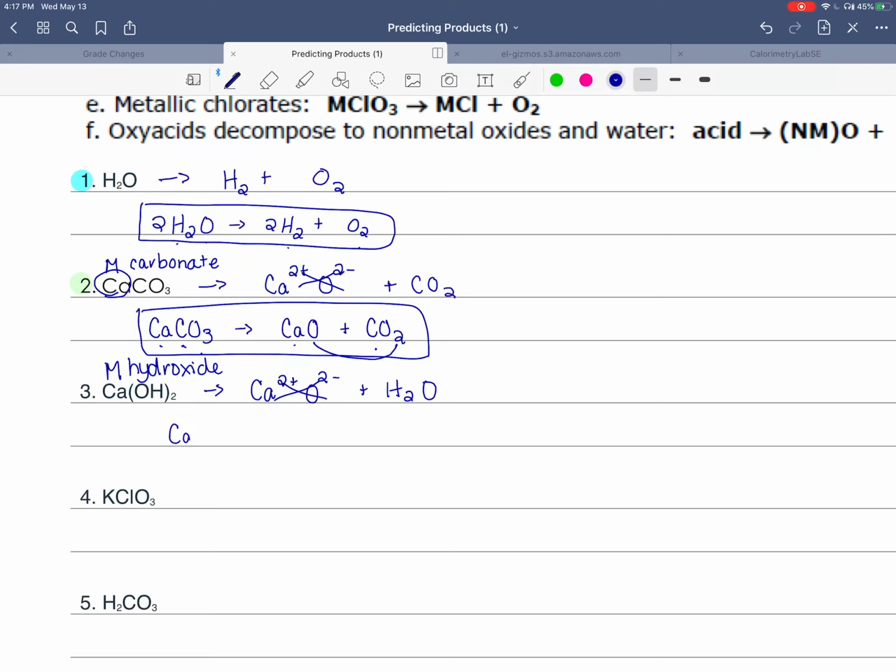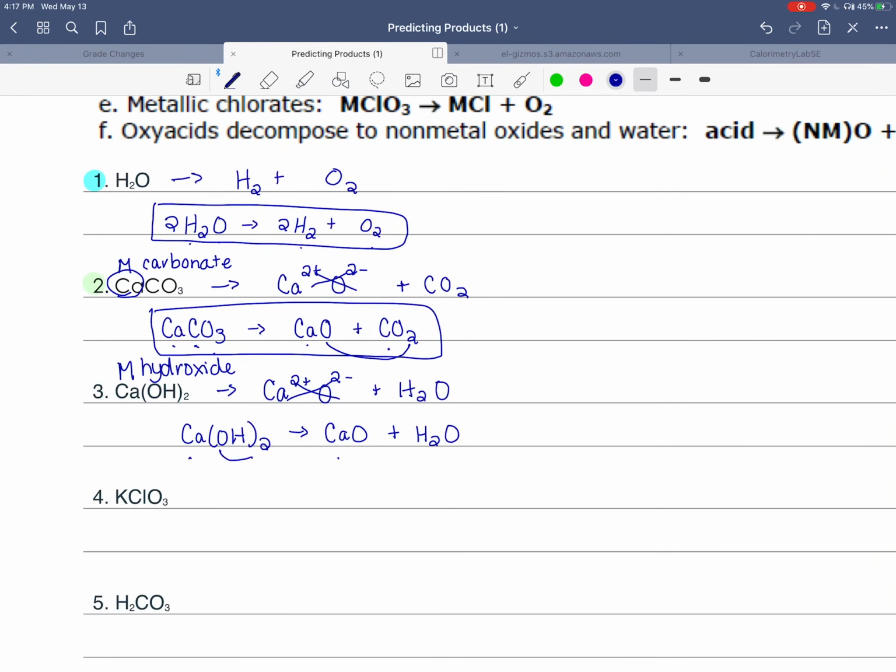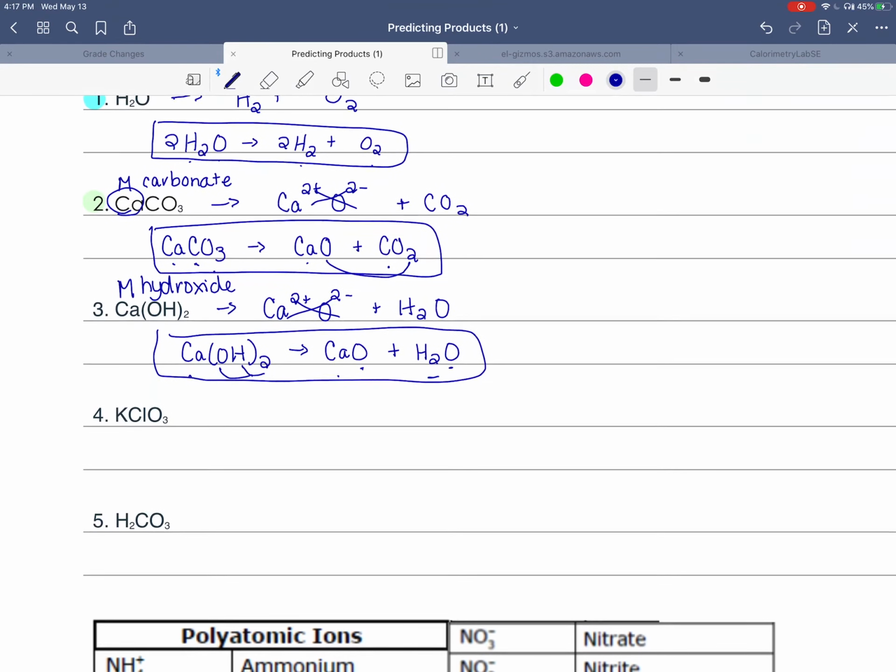So you have Ca(OH)2 gives us CaO plus H2O. Now let's make sure it's balanced. 1 calcium, 1 calcium, 2 oxygen, 2 oxygen, 2 hydrogen, 2 hydrogen. So that's balanced.